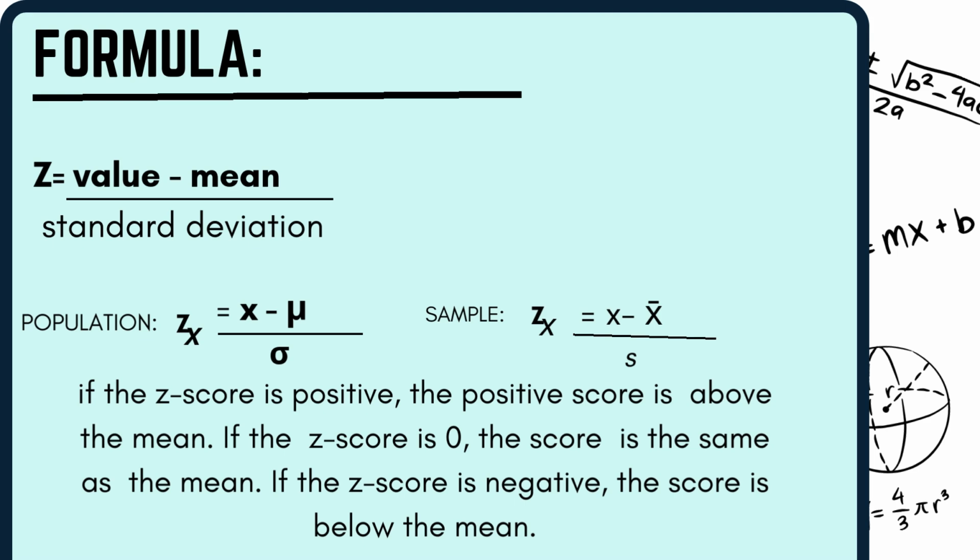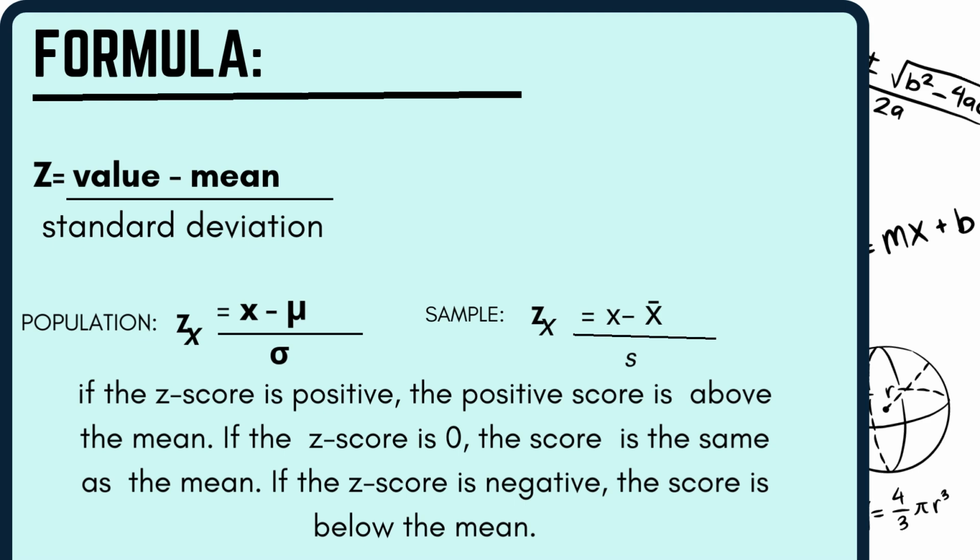For population data, we use the formula on the right side, but in the whole discussion, we will use sample data. We will use this formula: Zx equals the value x minus the mean, over the standard deviation.